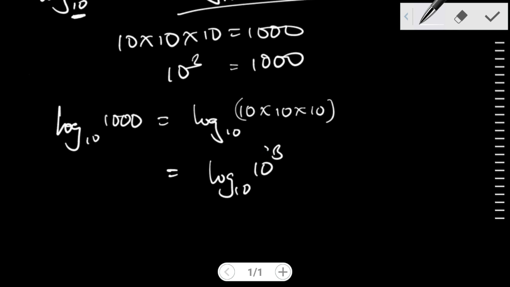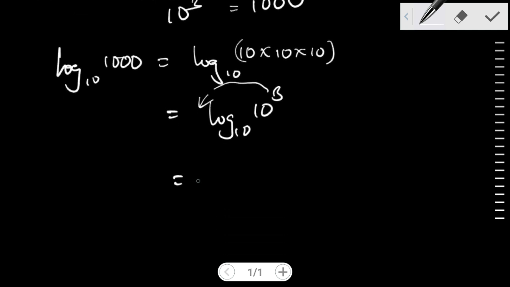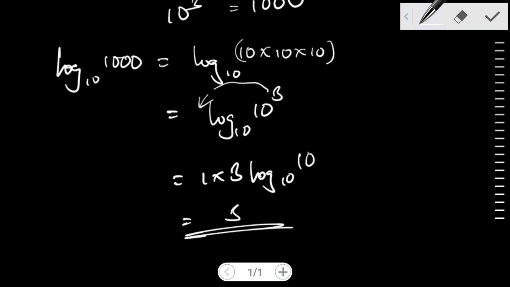You take the power 3 to the front, so you have 3 times log base 10 of 10. Now if the base and the number are the same, you get 1, and therefore this should be 3 in this case. So they all bring out the same meaning.